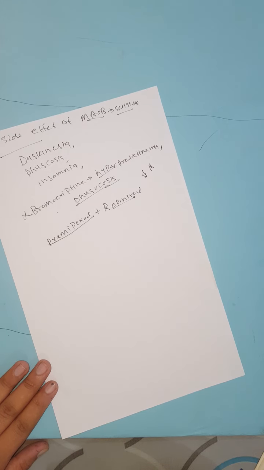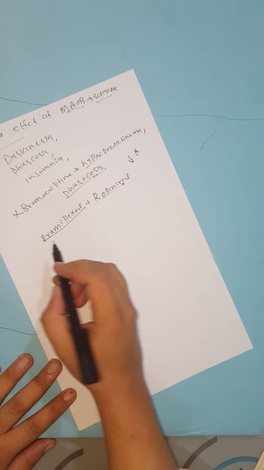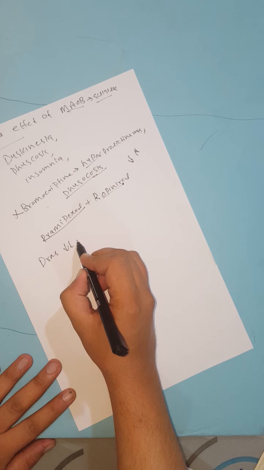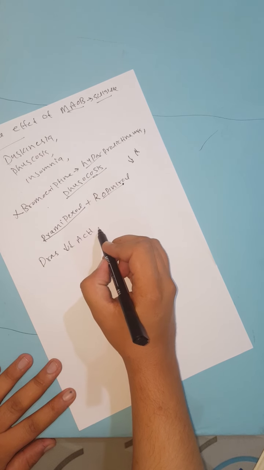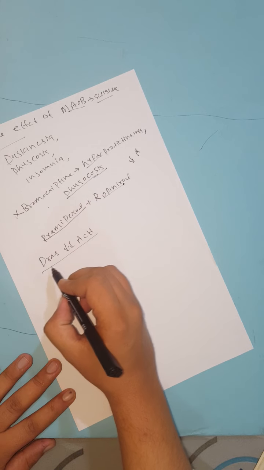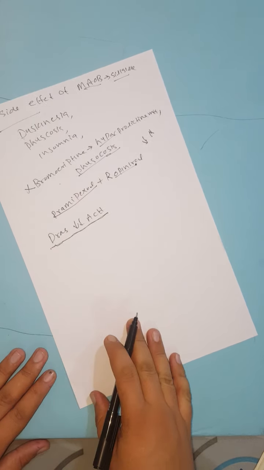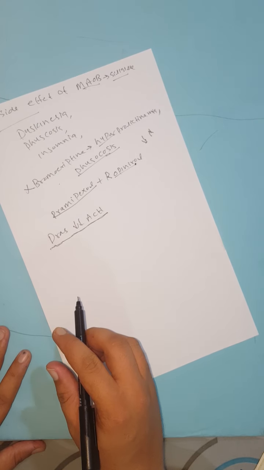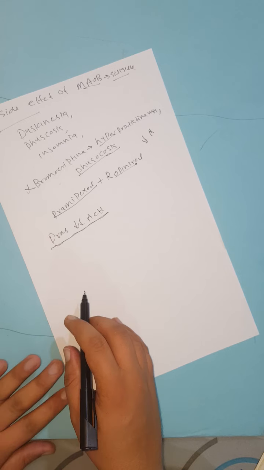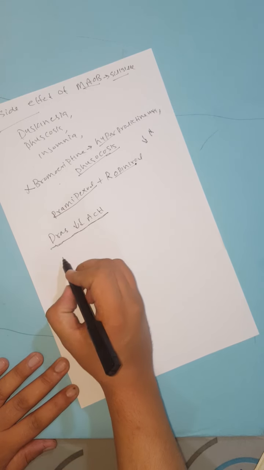The other drugs decrease acetylcholine, because in Parkinson disease there is high acetylcholine. This is inhibited by drugs called benztropine and trihexyphenidyl.